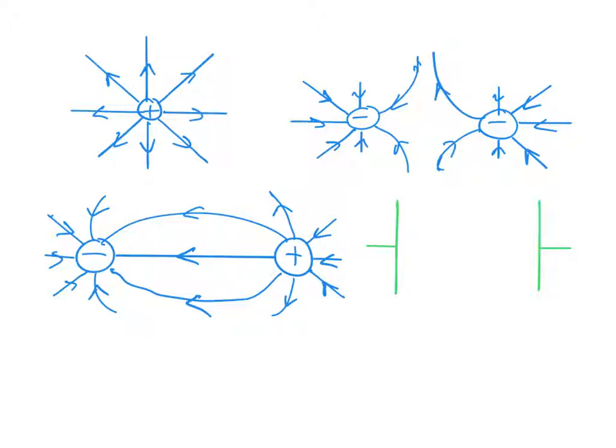If that was a positive plate, then what we really mean is that you've got positive charge all the way up and down it. And if that was a negative plate, you'd have negative charge all the way up and down it. And so the field lines would be like the middle of this zone here. So this area here, that's what the field lines would look like. So you would always be going directly from positive to negative.